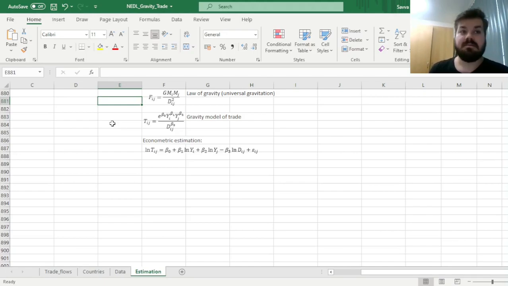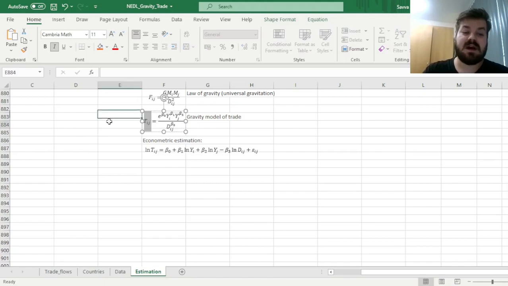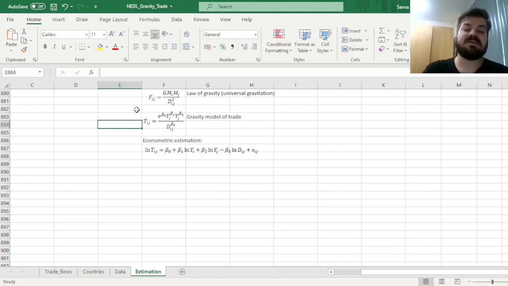And economists and econometricians have borrowed this concept to describe trade between countries. They hypothesized that trade is the same force of attraction, albeit not physical but economic, between two massive economies. That means economies that have non-zero GDP. And trade between two countries i and j can be expressed in terms of some constant.